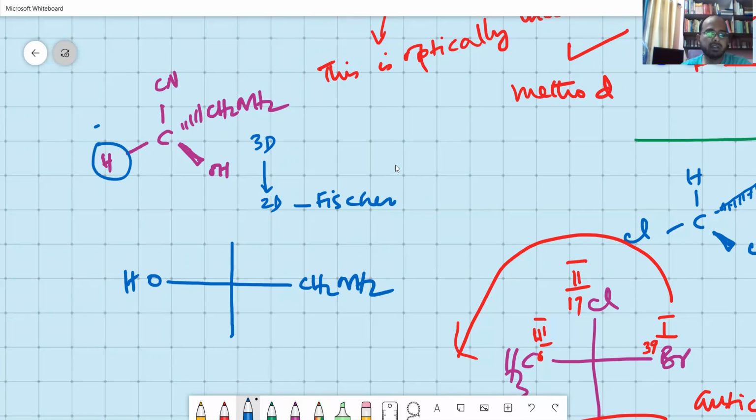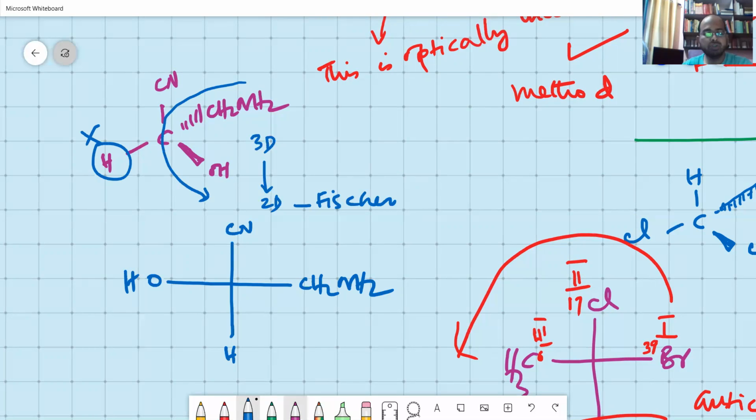Not this. Okay, it goes like this, flattening. This is the way of writing the structure. CH2NH2, OH here. Because it is backwards, it is front. So backward and front you have to see like this. And then above CH2NH2 you have CN and below you have H.